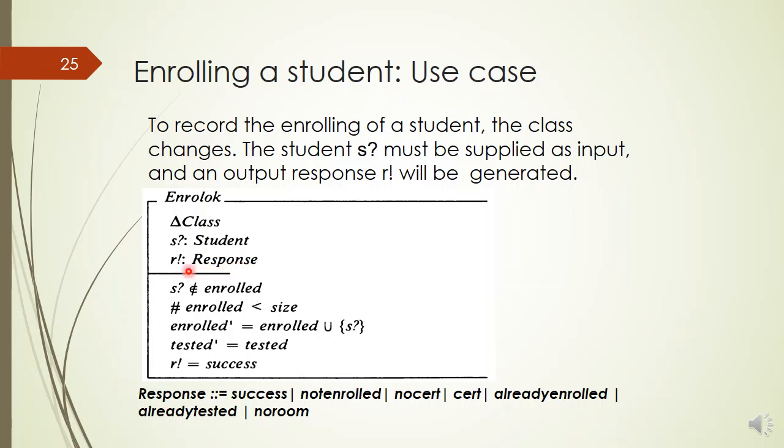Therefore, this is a free type variable, and one possible value for this free type variable is success, which is given here. The free type has the following values in the form of messages. So the enroll operation will be okay when we get the response success.